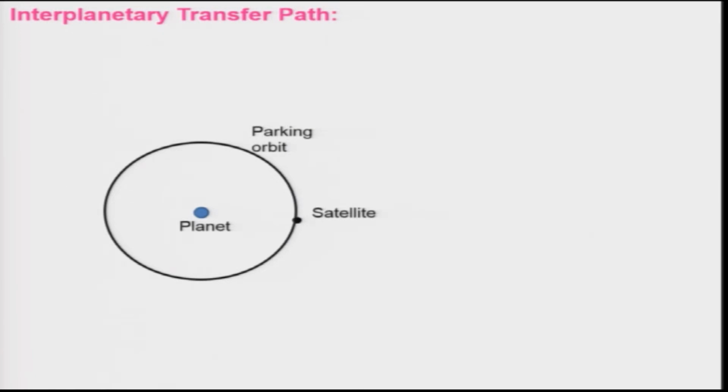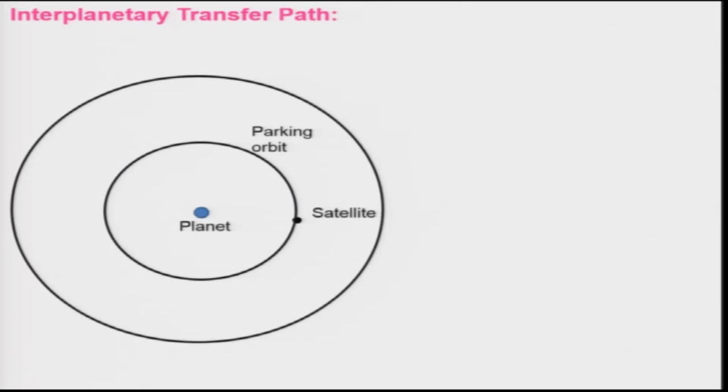Now, if the satellite has to be taken from this parking orbit to another orbit, let us say this is your orbit, then you will have to impart certain velocity so that it can move. That means, you should impart a certain amount of thrust, it can change and go to a path.